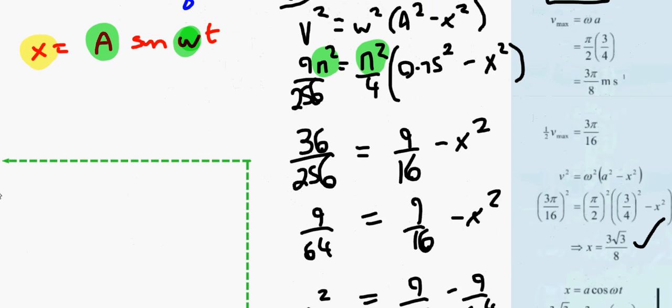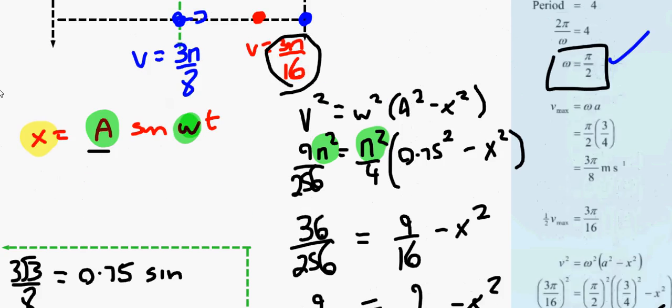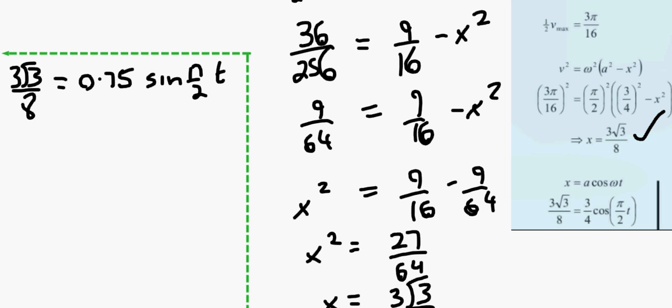So, to me, I have the x value, don't I? I have that 3 root 3 over 8, and I have my amplitude, which is what? Yeah, and I have my sine, and what's my omega value again? It was pi over 2, wasn't it? Yeah. Okay, so I'm going to get that 3 root 3 over 8, and I'm going to divide it by 0.75.